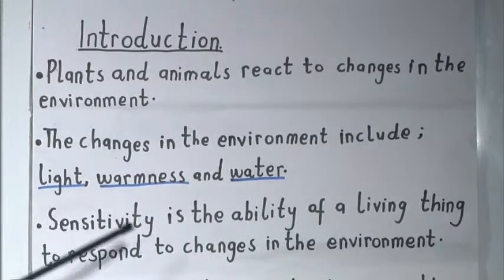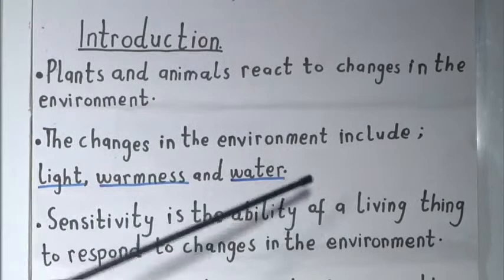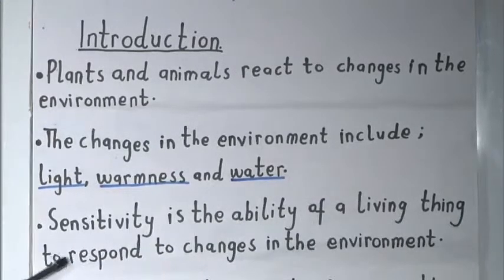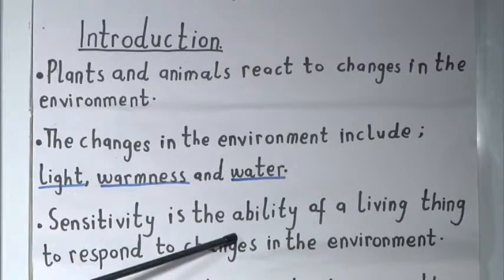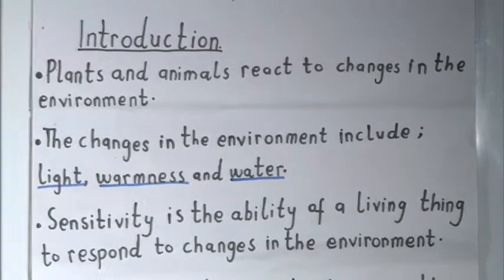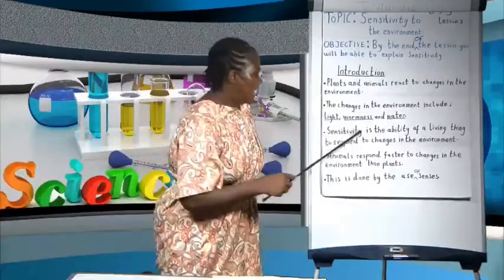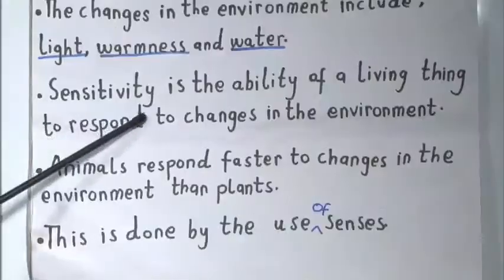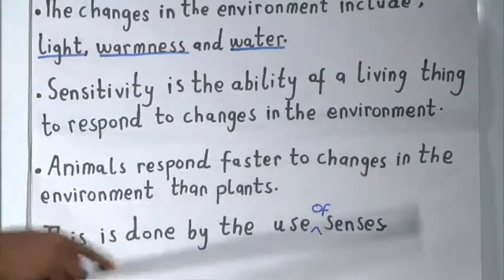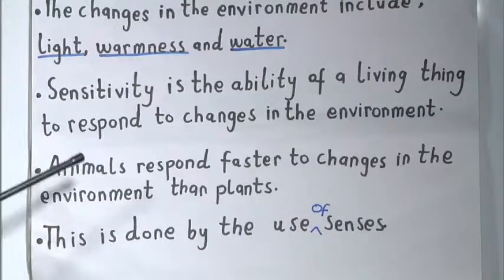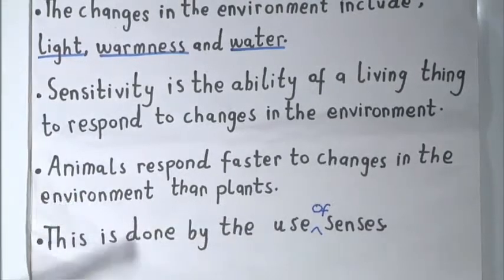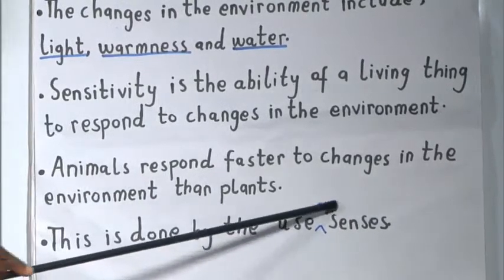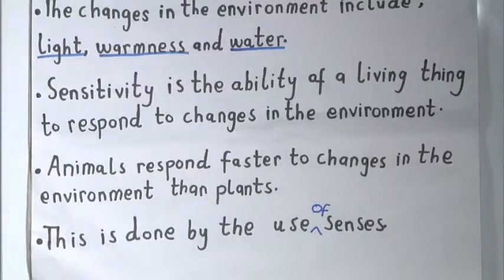Sensitivity is the ability of a living thing to respond to changes in the environment. Animals respond faster to changes in the environment than plants. This is done by the use of senses. And what are the senses?